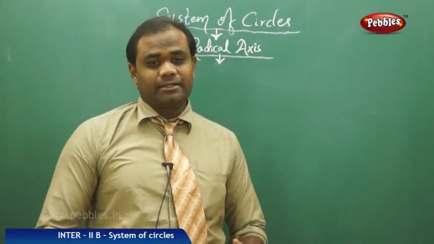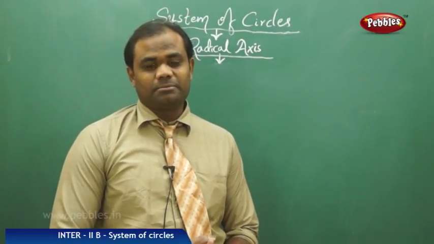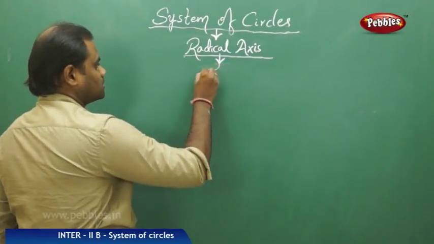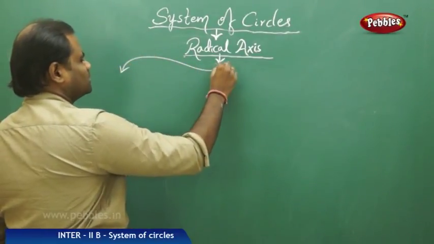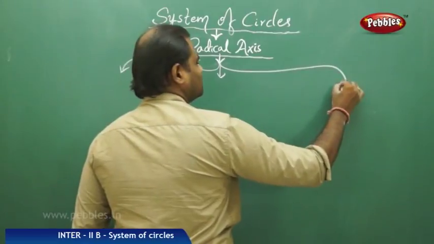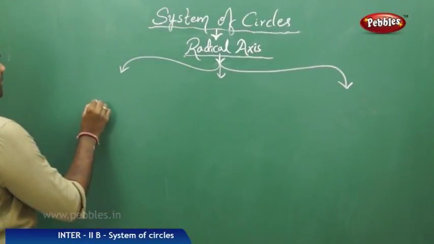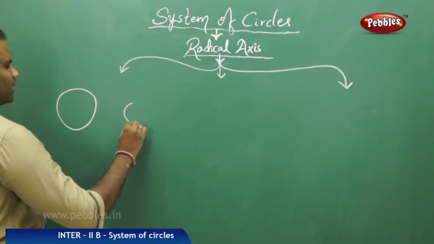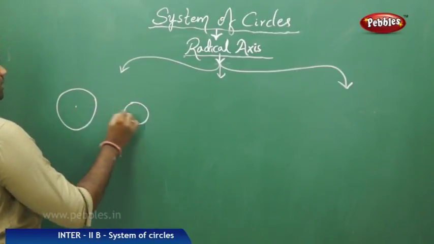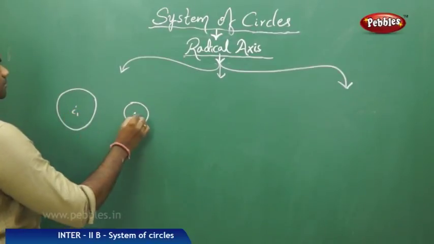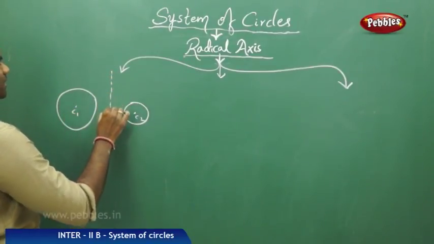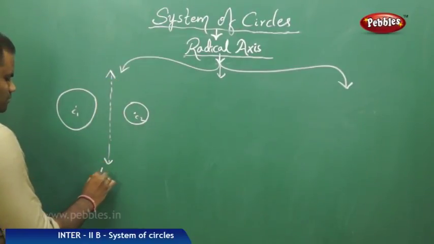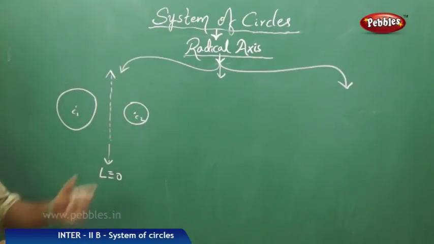Now let's see the radical axis for the three types of cases which we have for circles. The first case is if I have two circles which are far apart, then in this case the radical axis is a line which is equidistant from the two circles.